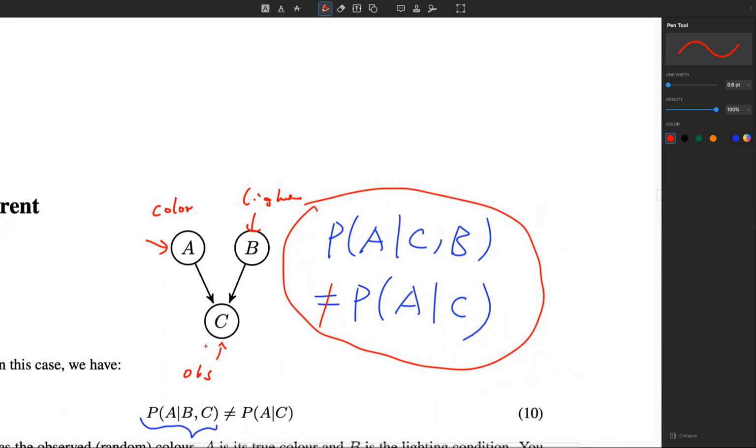So when you try to infer the true color from just the observed color, what if the lighting is actually really green, and you observe this ball to be very greenish? Yeah, the probability of being green is very high. But in fact, you cannot do that until you also know the lighting condition, because both of these factors are adding to it.